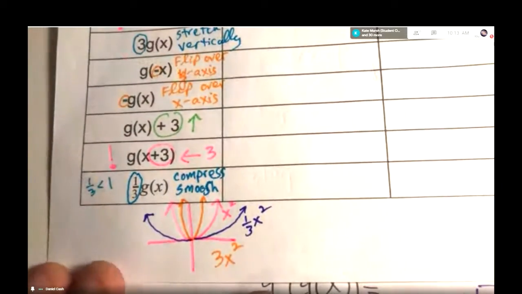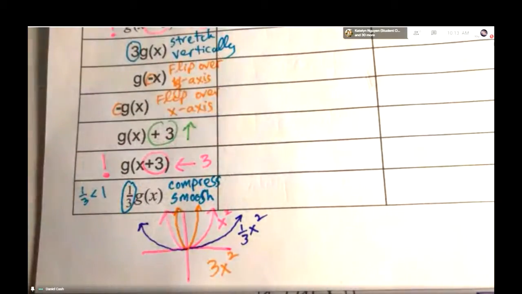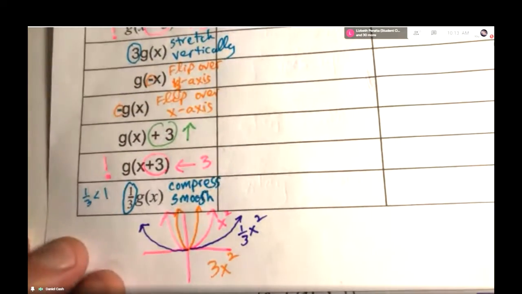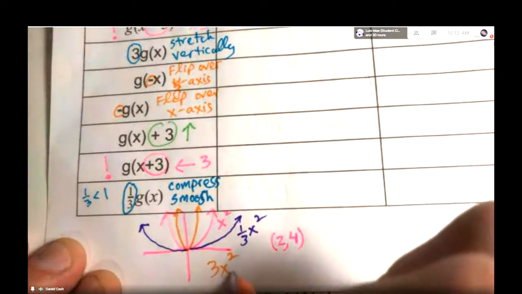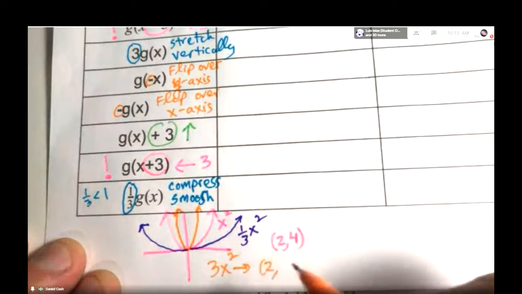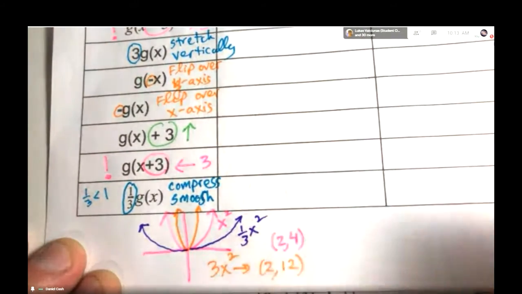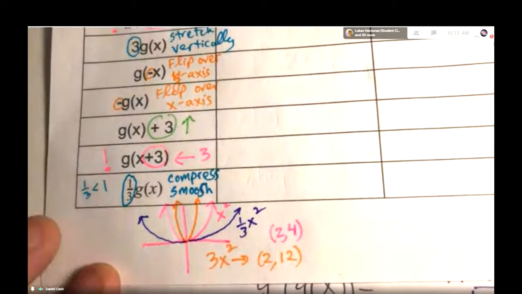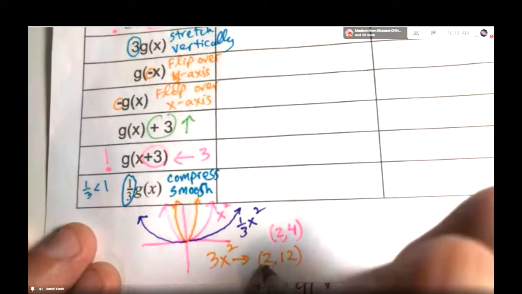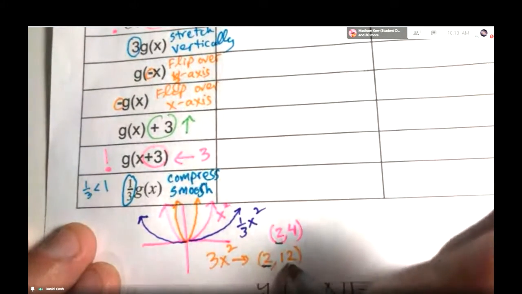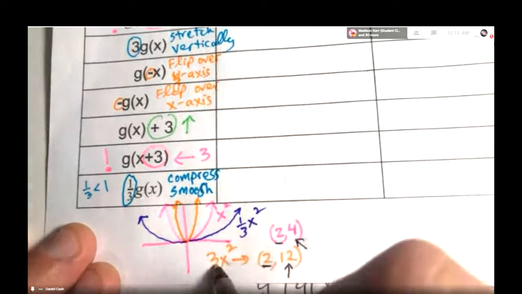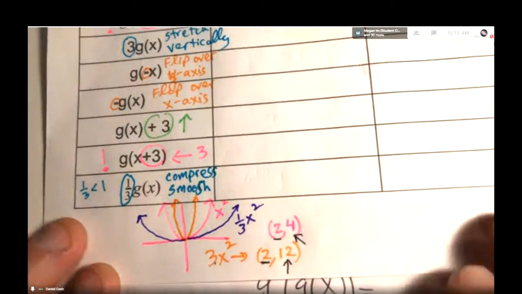And what that does is it vertically stretches the function to go 3 times faster. So on x squared, if you plug in 2, you get 4. But on this function here, if you plug in 2, you're going to get 12. Notice there was no change in the x, but there was a change in the y of 3 times bigger than 4.